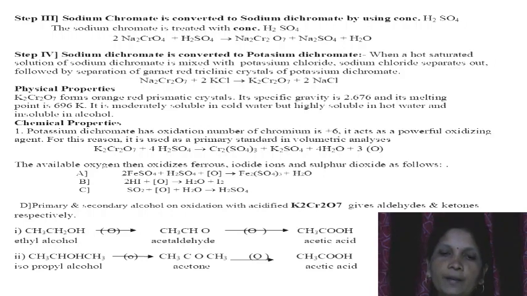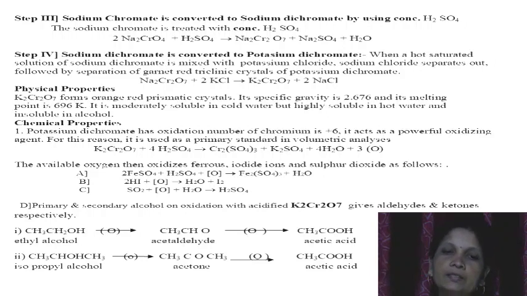See the reaction: 2 FeSO4 plus H2SO4 will give Fe2(SO4)3 plus H2O. 2 HI plus nascent oxygen will give H2O plus I2. SO2 plus acidified K2Cr2O7 will give H2SO4.